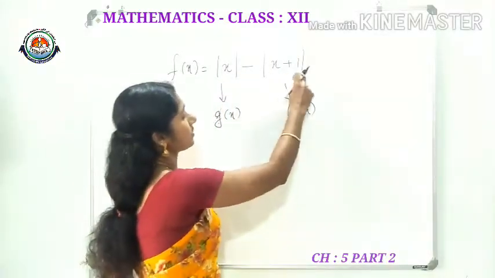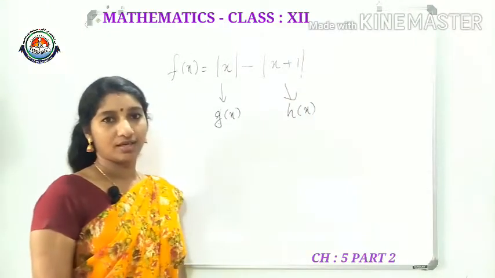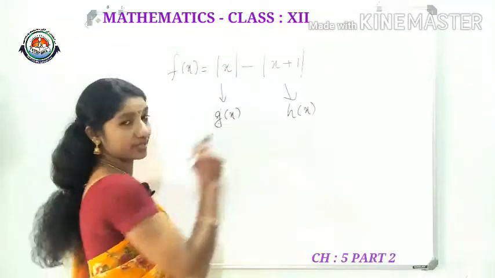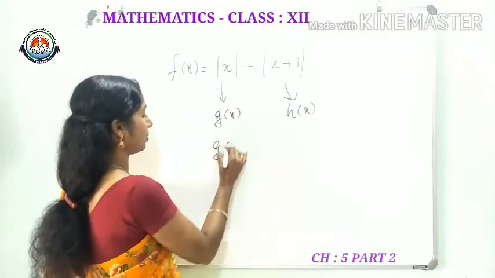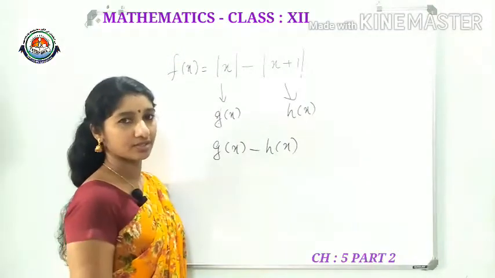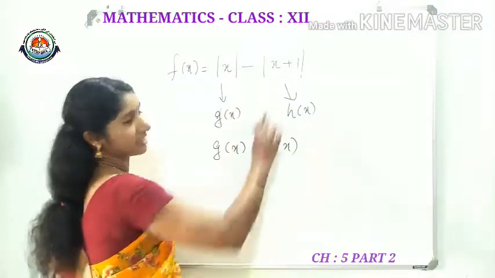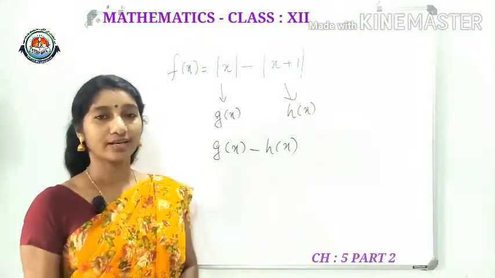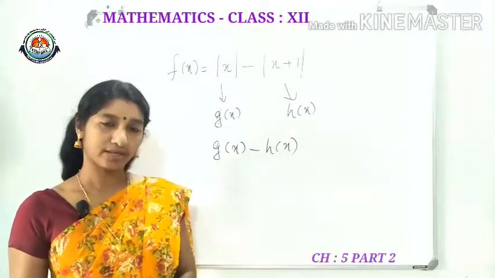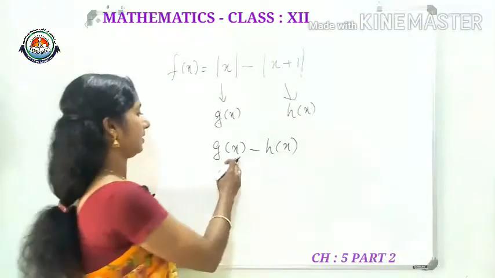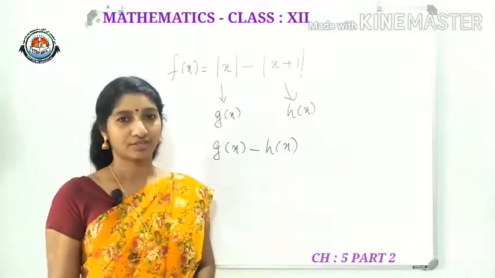So mod x plus 1 is also a continuous function, and the algebra of continuity says if g of x and h of x are continuous, g of x minus h of x is also continuous. So mod x minus mod x plus 1 is continuous. Like that you can give the answer. The difference of two continuous functions will also be continuous.